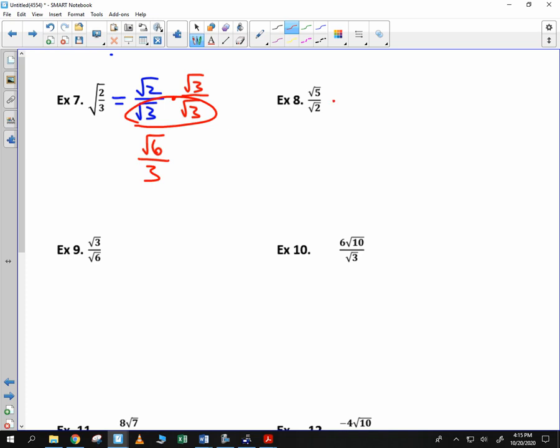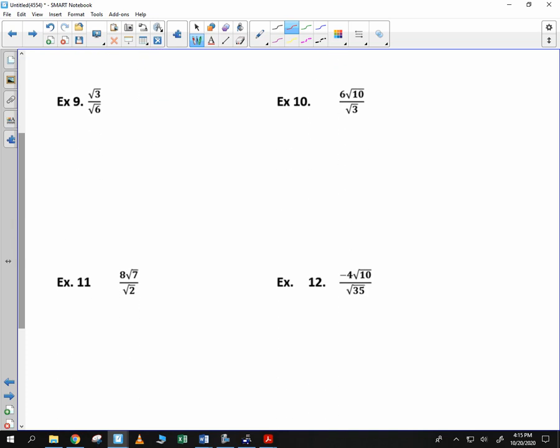Look at the next one. We multiply top and bottom by the square root of 2. And we get the square root of 10 over 2. In the next situation, we multiply the top and bottom by the square root of 6. And we get the square root of 18 over 6. You might say, well, I'm done. You're not done because you can simplify the square root of 18.